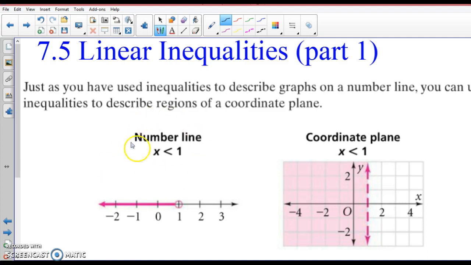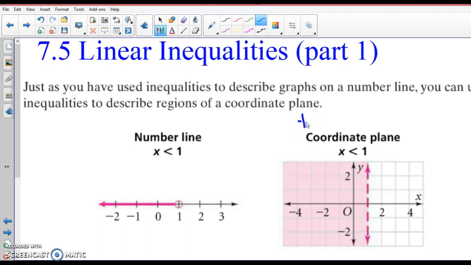If you were graphing x is less than 1 on a number line, you would have an open circle on 1, and you would shade that. We're above that now. We are graphing these in a coordinate plane. And basically, what you do is this. X is less than 1.